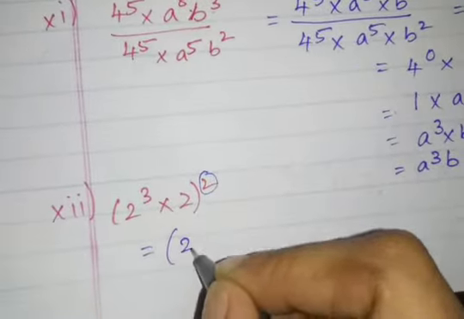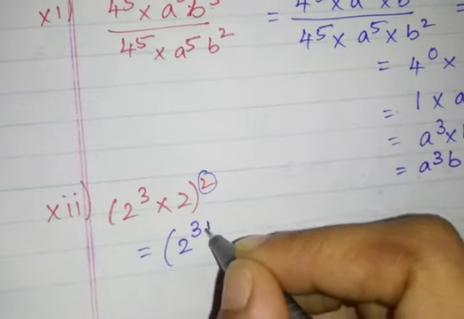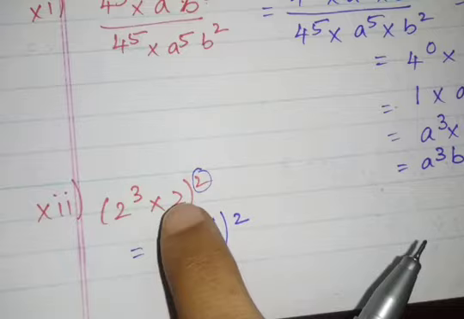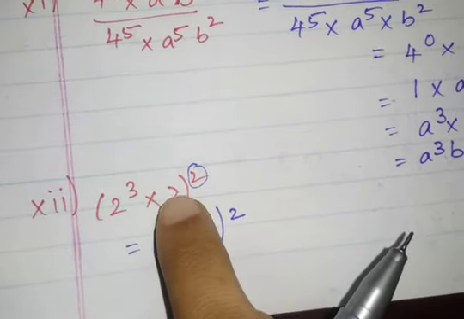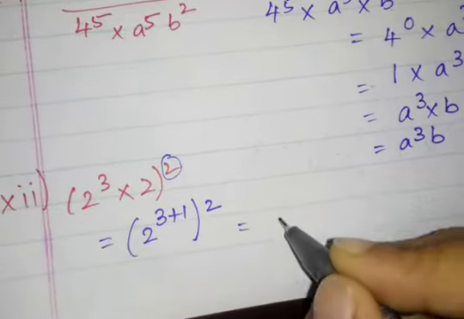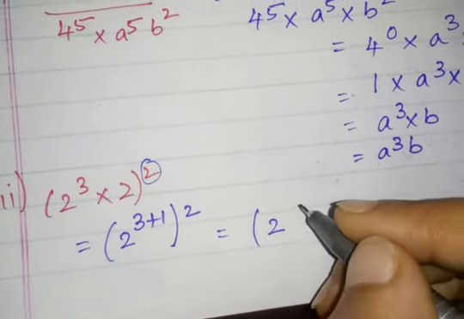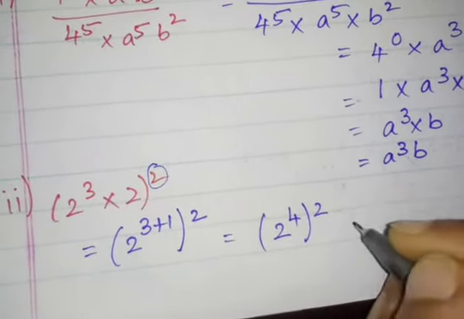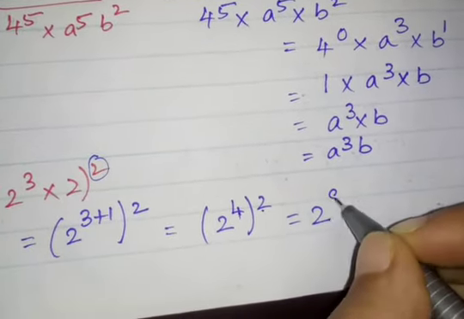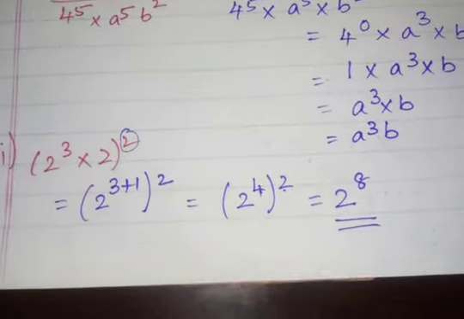So first 2 power 3 plus 1, the whole square. Why? 2 cube into 2, both have the same base. 3 plus 1, the whole square. Now 2 power 4 the whole square. Now what you will write? 2 power 4 into 2 is 8. So 2 power 8 is your answer.